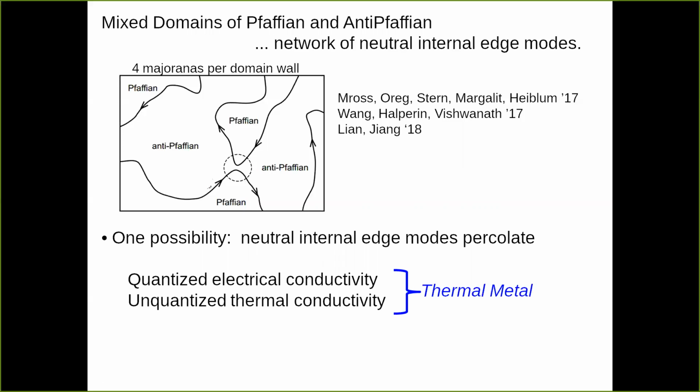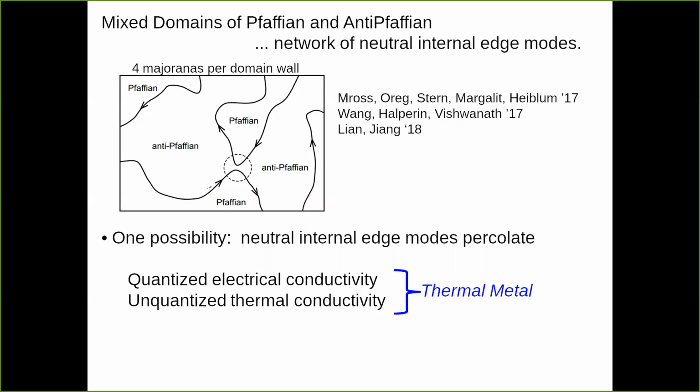Since the Pfaffian and the anti-Pfaffian have the same electrical conductance, and the domain walls in between are neutral, they carry no electrical current, this thing would electrically look like a perfectly good quantum Hall state, but thermally it would carry heat through the bulk along these neutral Majorana domain walls, and you'd get unquantized thermal conductivity.